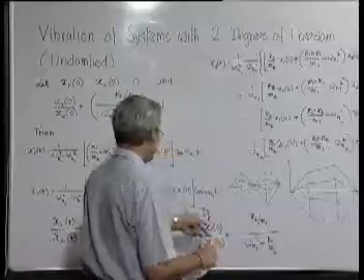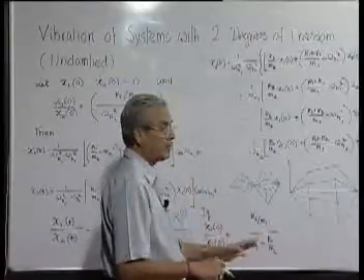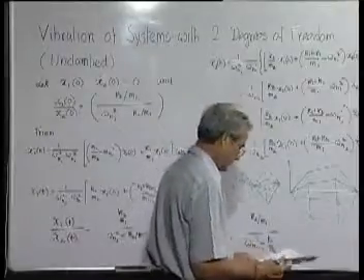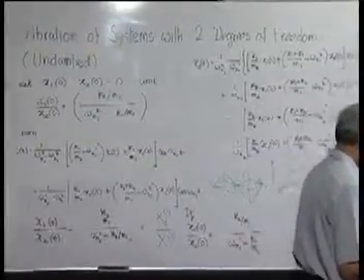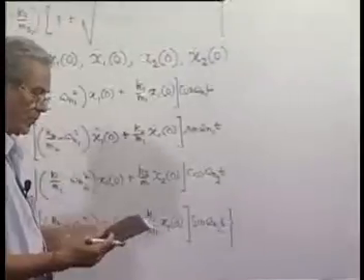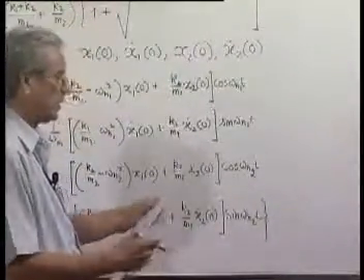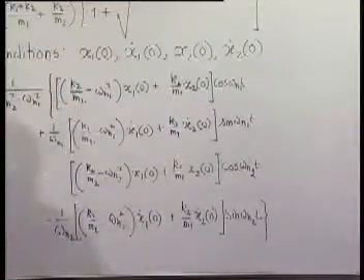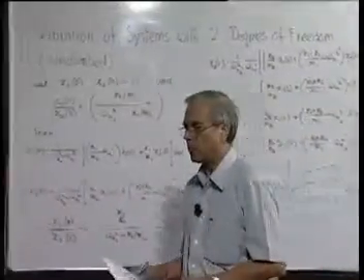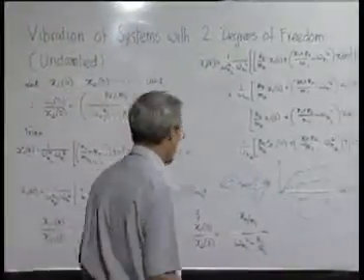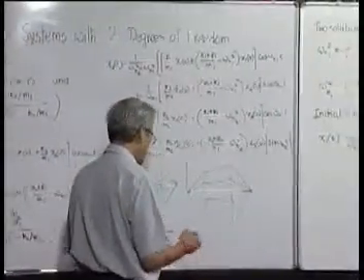So mode shape will be something like this, and the extreme positions will be something like this. All the time they will vibrate in opposite. So the ratio x10 by x20 will be a quantity which will be negative in that case, as you can see.